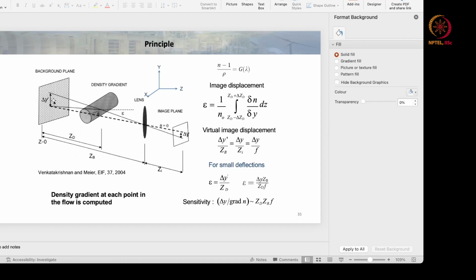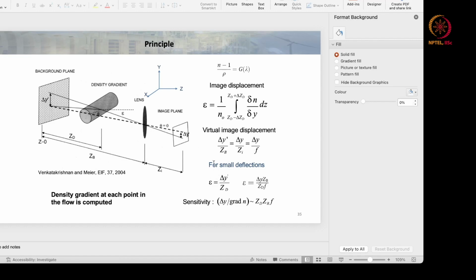If there is an image displacement of the background plane, that translates to a virtual image displacement here, and they are related by the corresponding distances: delta y prime by zb is equal to delta y by zi, where zi is delta y per se by f, the focal length.